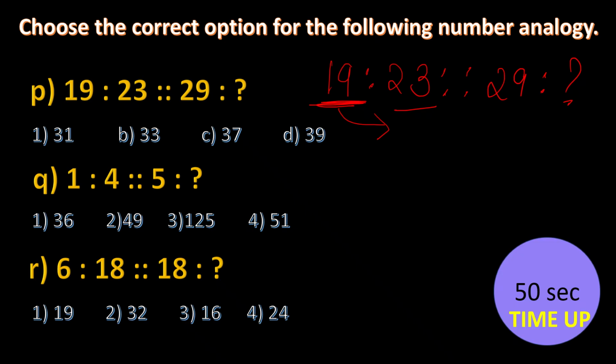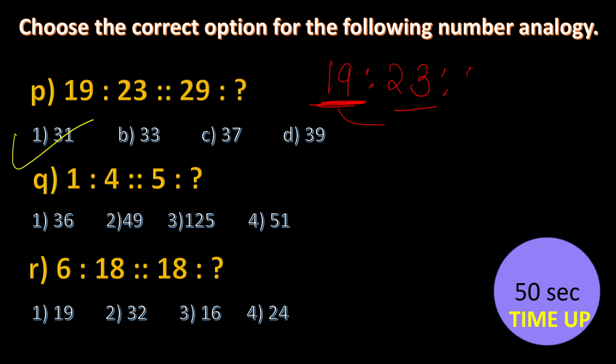Then after 23, next prime number is 29. After 19, we have 23, then 29, and next prime number after 29 is 31. So correct option will be 31. This was quite easy if you remember your priority list.